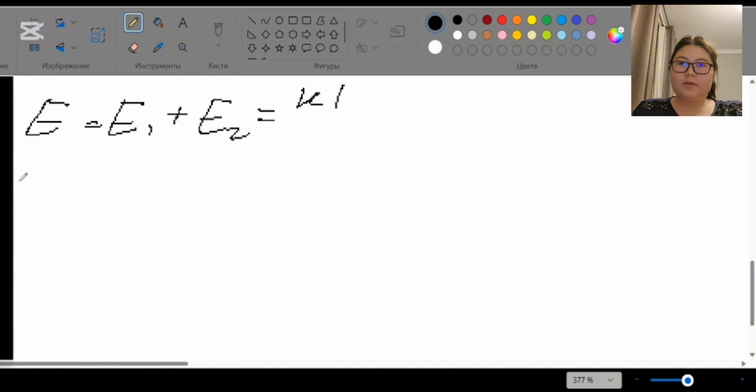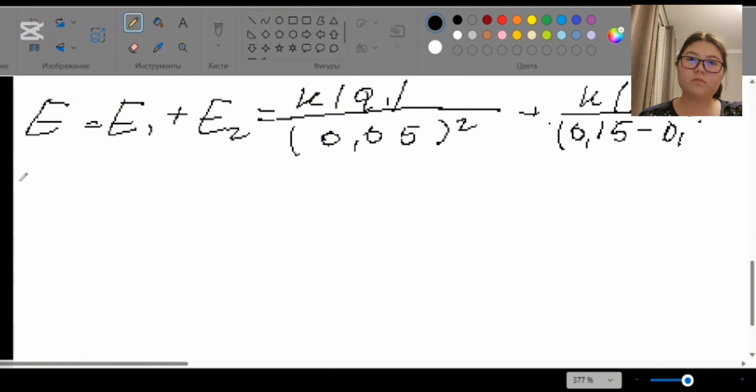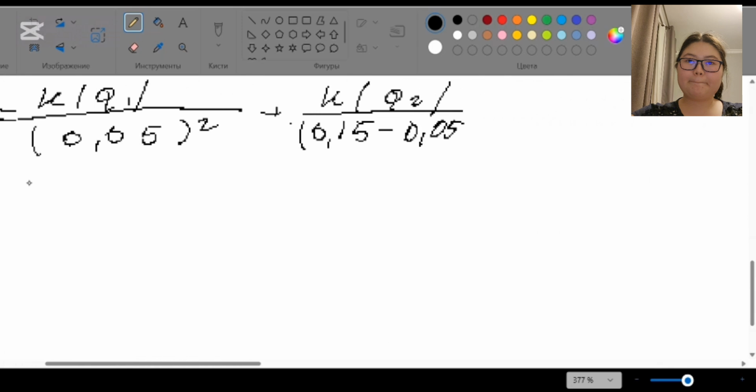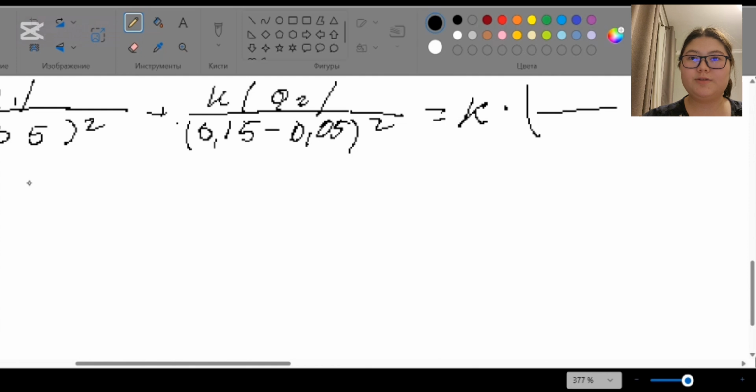As we said previously, we're going to open those two values like this and just add them. We can take the Coulomb's constant out of the brackets because they're the same value.